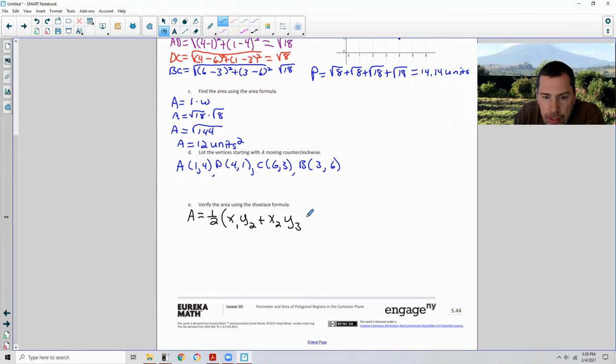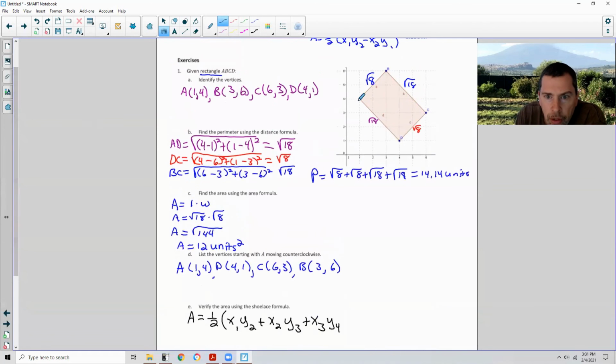And then we're going to go to the next X plus X3. So I'm increasing my X's, X1, X2, X3. My Y's are increasing, Y2, Y3. Now, if this was just a 3-sided figure, I'd go back to Y1. But I'm going to have a Y4 in this case. I have 4 points, A, B, C, and D.